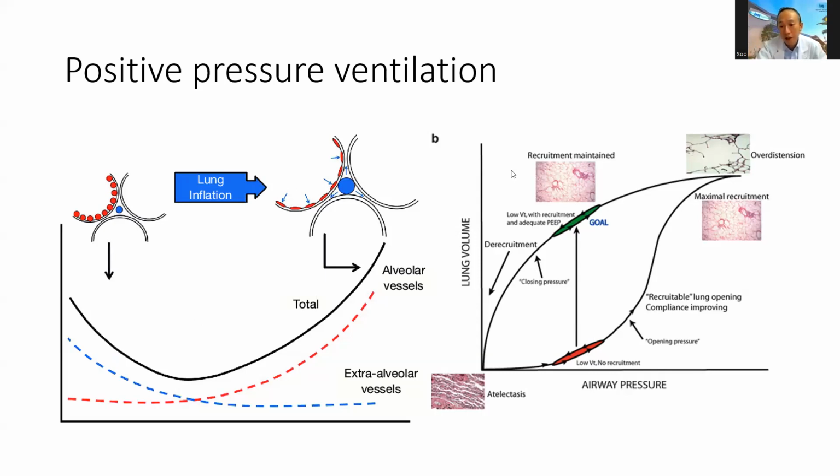But this kind of graph, you all are more familiar than me. You have all seen this graph a lot more and probably talk about opening pressures and closing pressures more than me. But what I want to stress is that too big a tidal volume, no good. Too small a tidal volume, also no good, because the vessels in the lungs are affected and the pulmonary vascular resistance goes up.